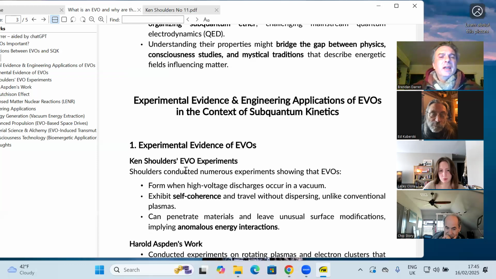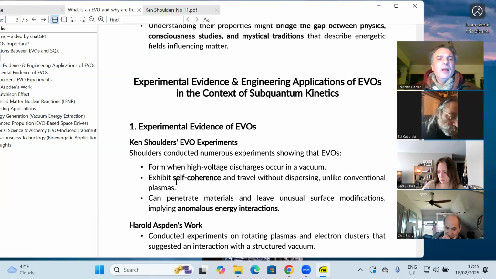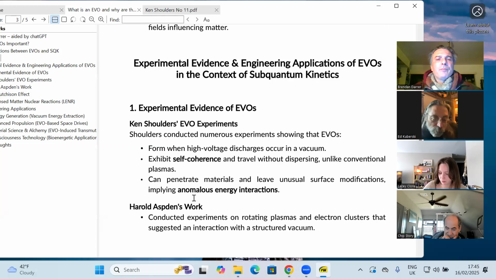Ken Shoulders' EVO experiments: Shoulders conducted numerous experiments showing that EVOs form when high voltage discharges occur in a vacuum, exhibit self-coherence and travel without dispersing, unlike conventional plasmas, and can penetrate materials and leave unusual surface modifications, implying anomalous energy interaction.